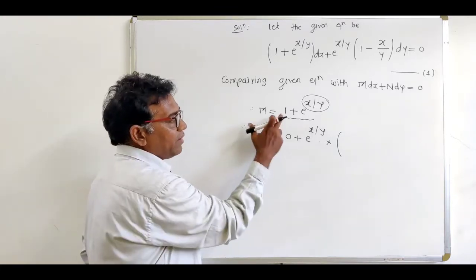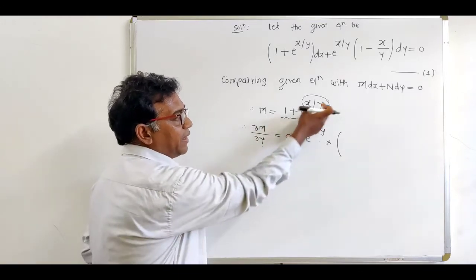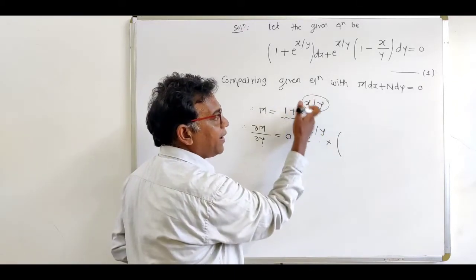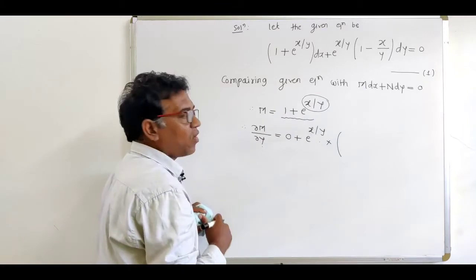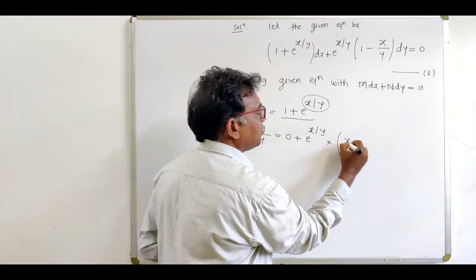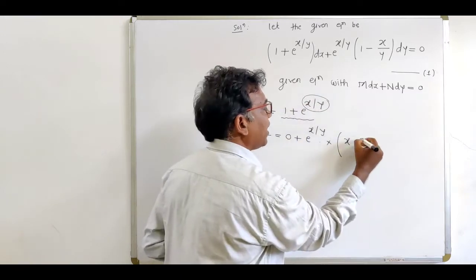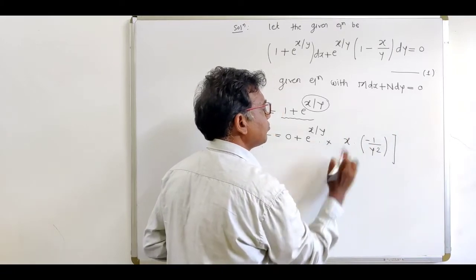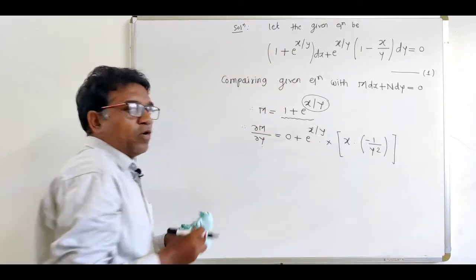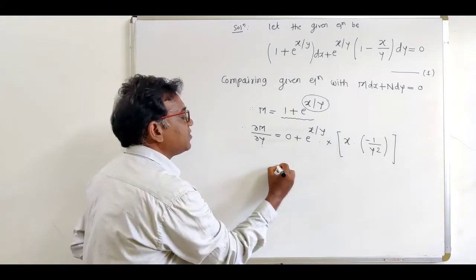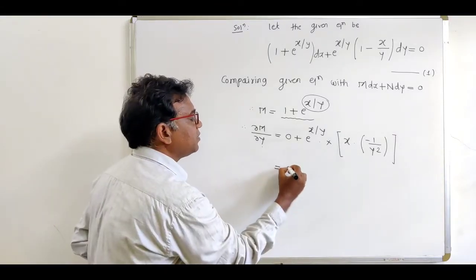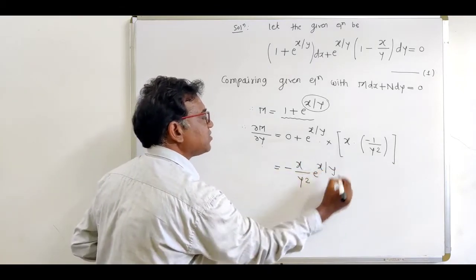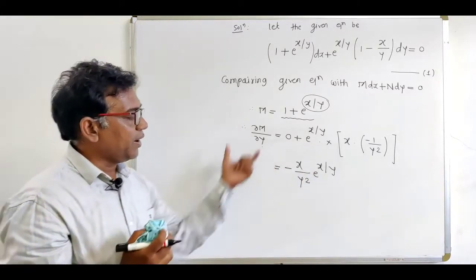So x is a constant term, into the derivative of 1 upon y, which is minus 1 upon y square. So this is the derivative of M. Now simplify: this is minus x upon y square into e raised to x upon y. So this is our partial derivative del M by del y.